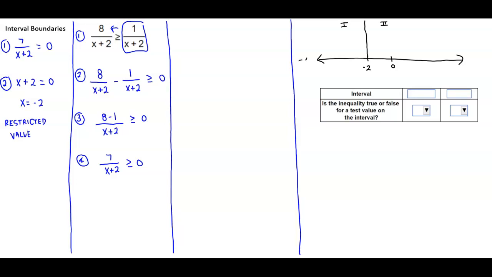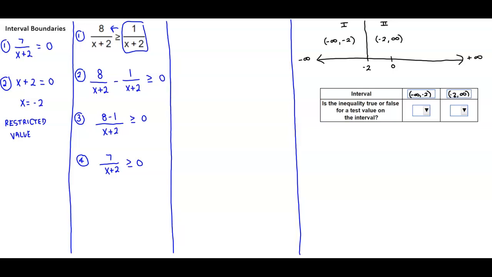It's going from negative infinity to positive infinity. We go from negative infinity to negative 2 with a parenthesis, and then we have negative 2 to positive infinity. So down here in the interval, it's going to go from negative infinity to negative 2 with a parenthesis, and then down here is parenthesis negative 2 and then positive infinity.